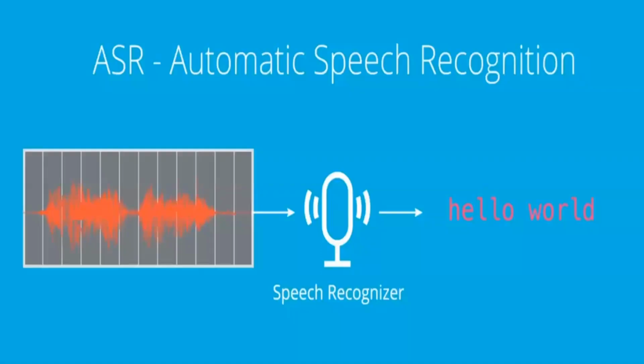So this is a basic introduction of what is natural language processing. In that we have many subtopics like text analysis, automatic speech recognition. In the next lecture we will be talking about automatic speech recognition.